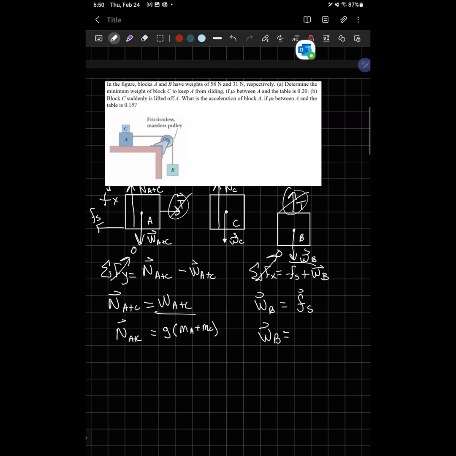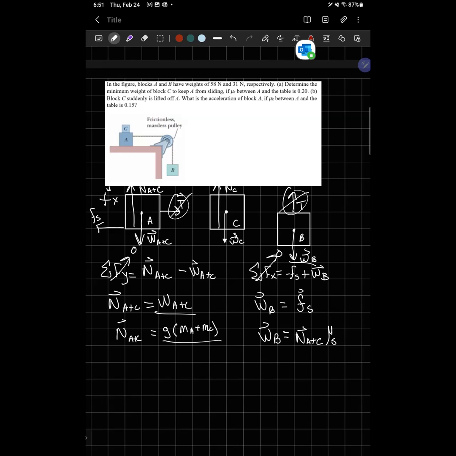It's just normal force times mu. Exactly. So it's normal force. In my case, it's gonna be A plus C because I'm looking at block A, and that's the normal force on block A, times the coefficient of static friction, mu.